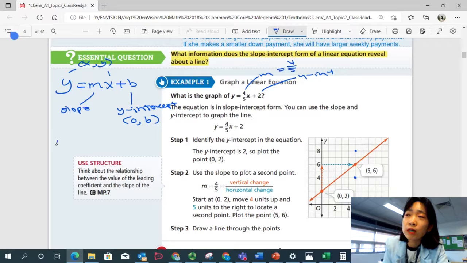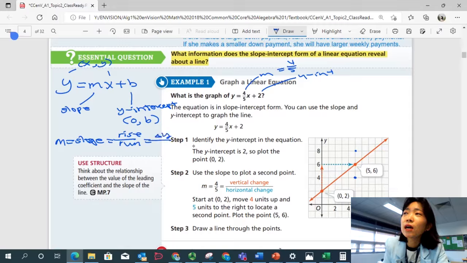What does your slope mean? What does it mean to have a slope? It means the direction the line is going, or the speed at which your line rises, will be determined by the slope. So that's going to be rise over run, which means you're going to count the change in y.